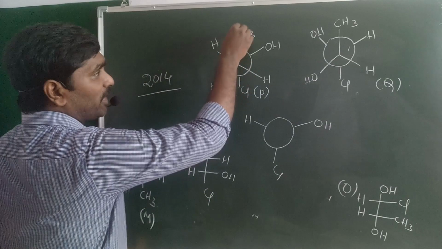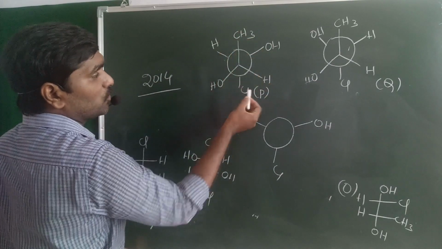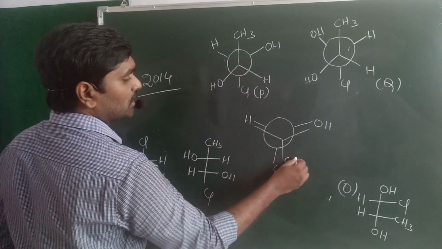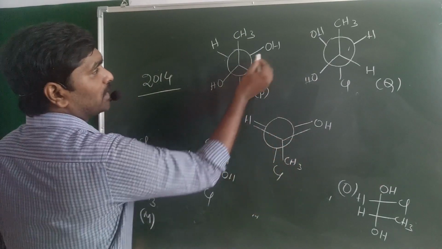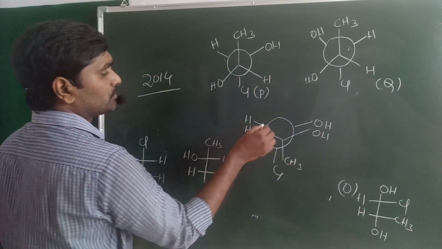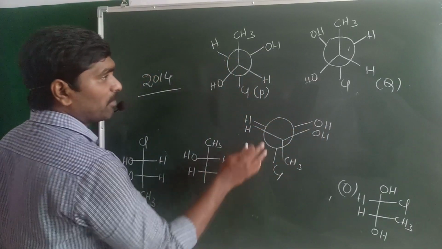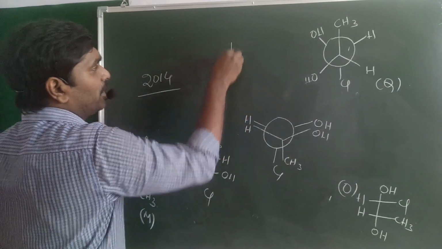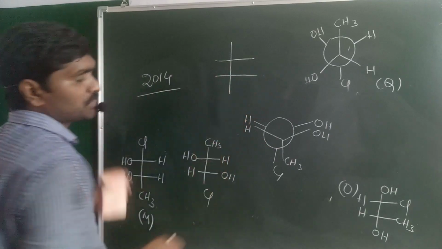Front side carbon, by rotating 180 degrees, CH3 is nearer to the Cl, OH is nearer to OH, hydrogen is nearer to hydrogen. It converts into the Fischer projection formula, indicated with the vertical and horizontal lines.